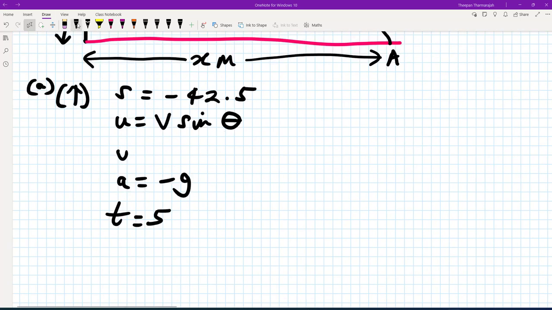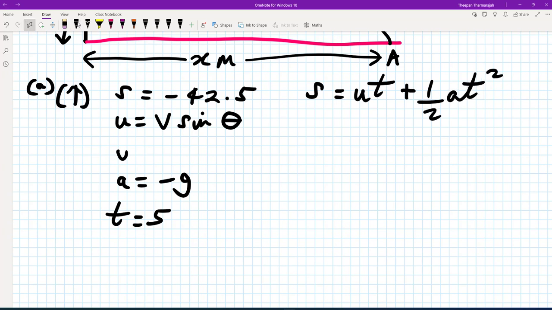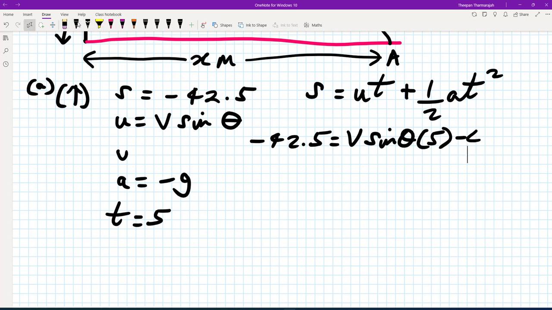So the suvat formula we're going to use is s equals ut plus a half at squared. So in our case, it's minus 42.5 equals v sine theta, now t is 5, minus g over 2, which is 4.9, that's half of g, so I'm going to write g over 2 first and then multiply that by 5 squared, which is 25.